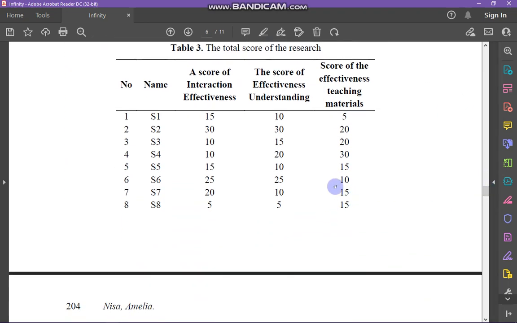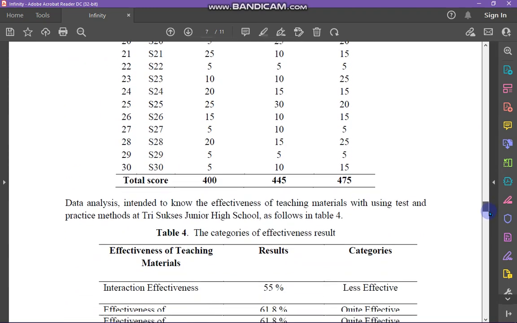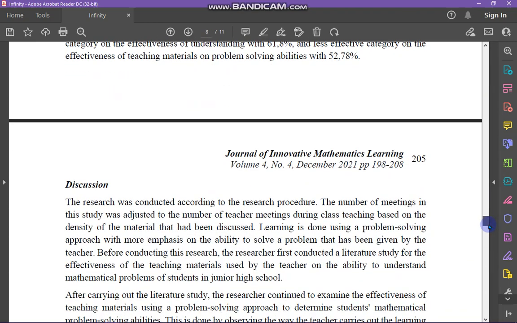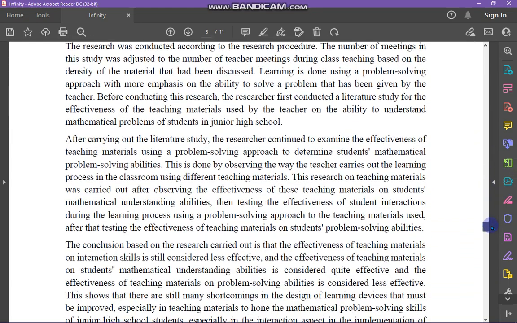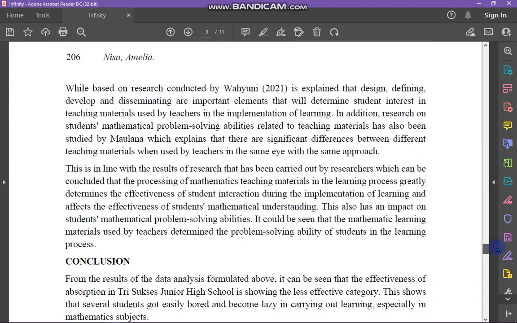This is the main findings of the research, and then we move to the discussion. The discussion section interprets the results and provides the significance of the findings.